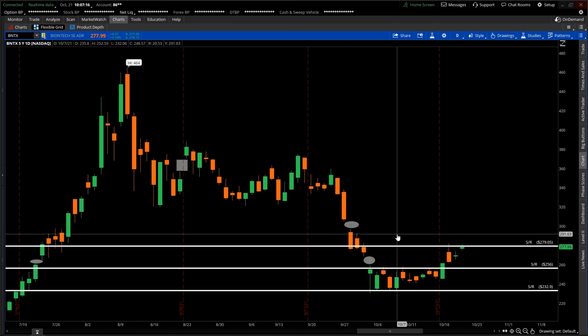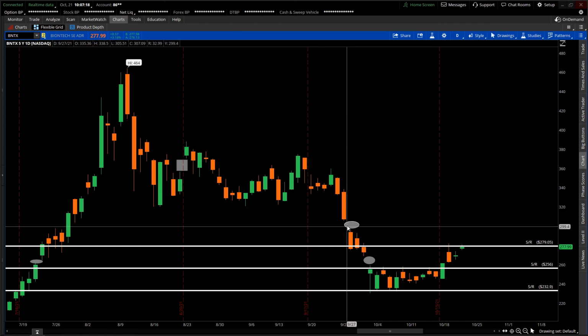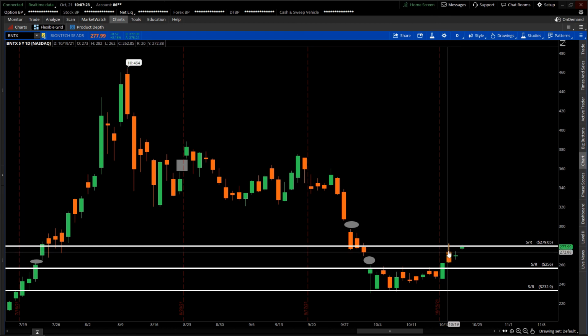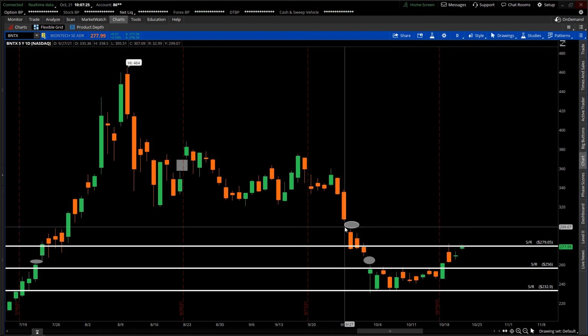And again, my target is this gap right here. This gap was filled by this candlestick right here, and so it's just a matter of this gap right now. So yeah, until the next trade, I'll see you.